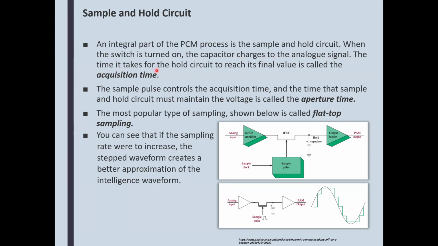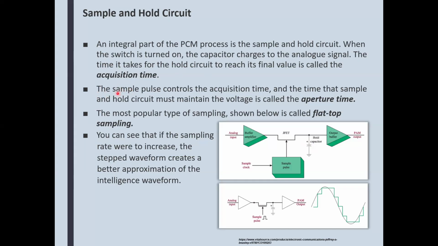The time it takes for the hold circuit to reach its final value is called the acquisition time. Now, how big of a capacitor would you like to have here? Enough to accommodate the highest frequency, right? Or a small enough capacitor.